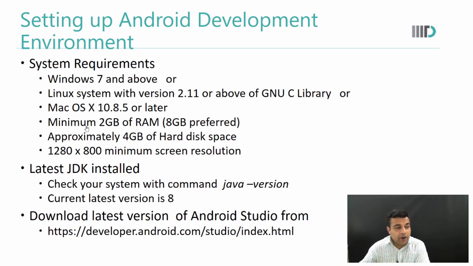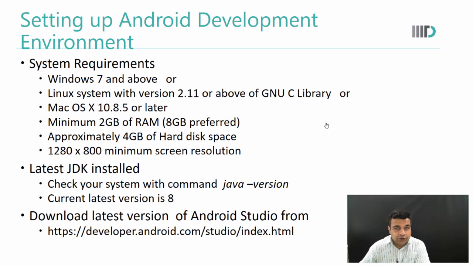The more RAM you have, the better it will be. Also, the operating system must be Windows 7 or above, or Mac OS X 10.8.5 or above, or a Linux system which has a GNU C library version 2.11 or above.